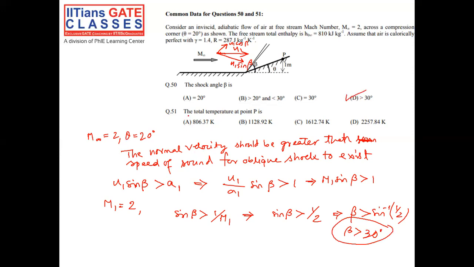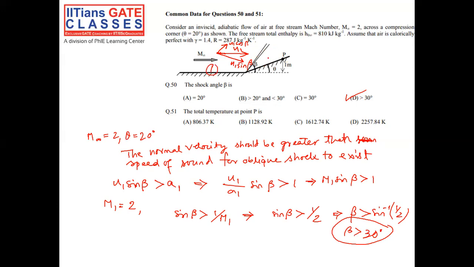Now going to the second part of the question, the total temperature at point P. Now total temperature across an oblique shock remains constant since there is no heat addition or heat extraction. So the total temperature downstream of the oblique shock and upstream of the oblique shock will remain the same.